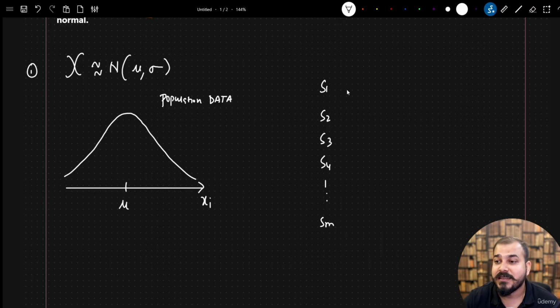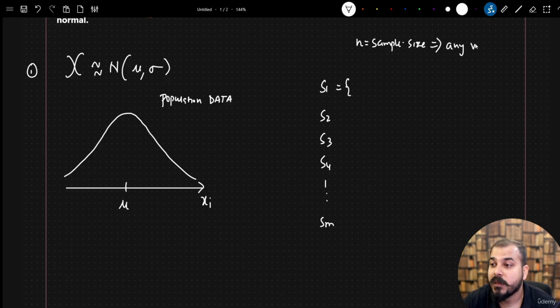And the size of each sample is some n value. In the case where your population data is a normal distribution, this n, the sample size, can be of any value.